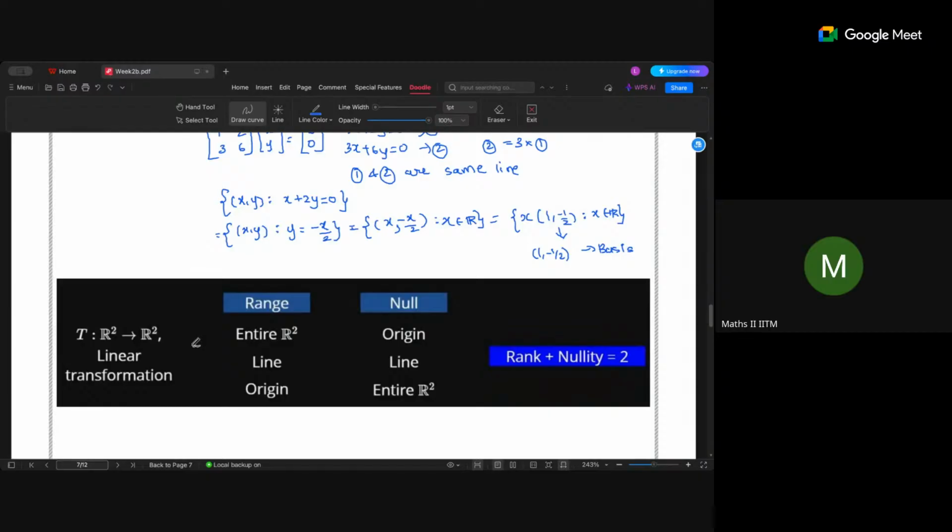Is that fine? Up to this, is the range and null space concept clear for everyone? So far we have seen what is meant by range and null space, and that these two are subspaces. The dimension of the range is the rank, the dimension of the null space is the nullity, and rank plus nullity is equal to 2.